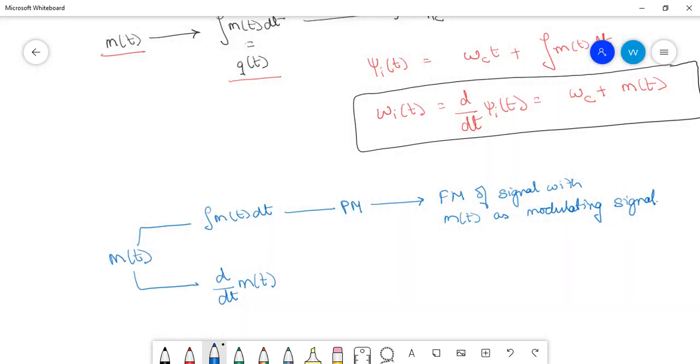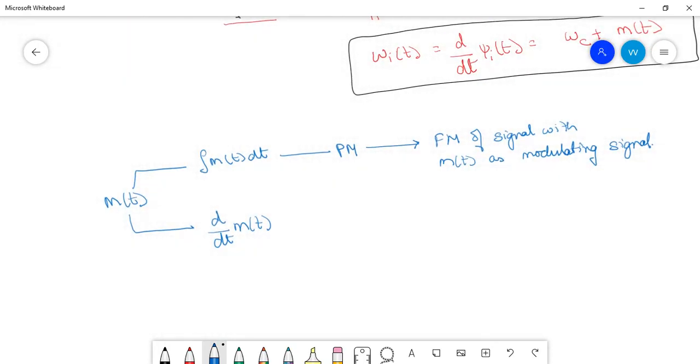Now, if you were to do the frequency modulation of this signal, you would get the phase modulation of the signal with m(t) as the modulating signal.